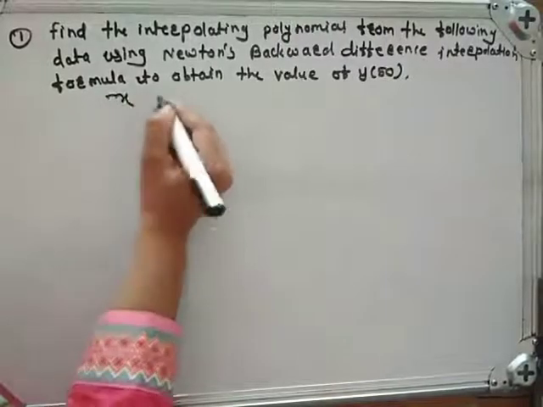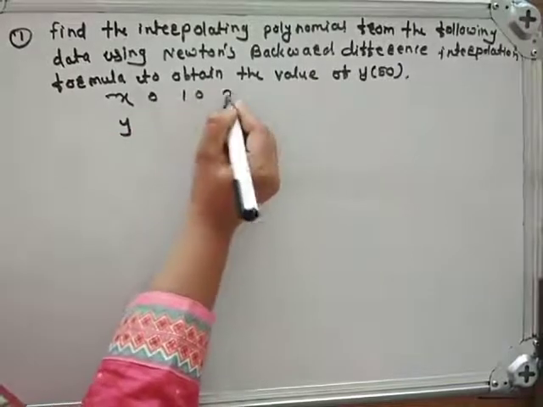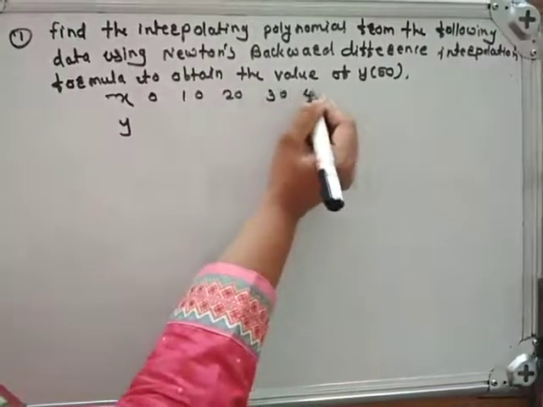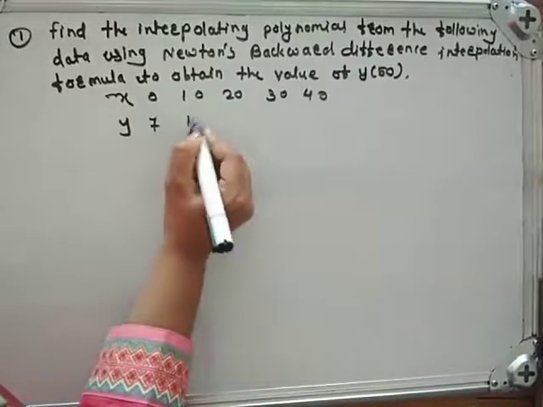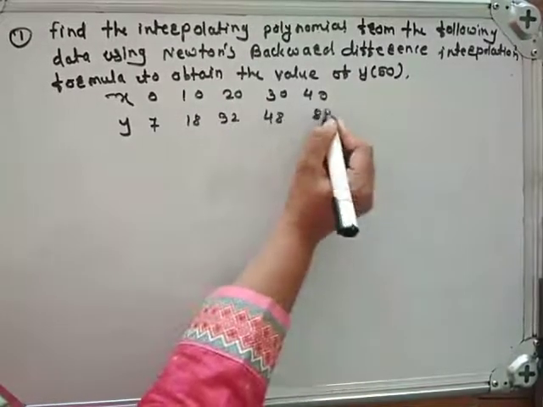We have given x and y: x is 0, 10, 20, 30, 40 and y is 7, 18, 32, 48, 85.